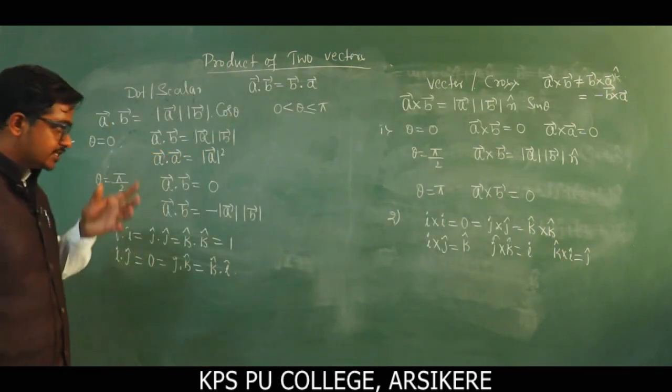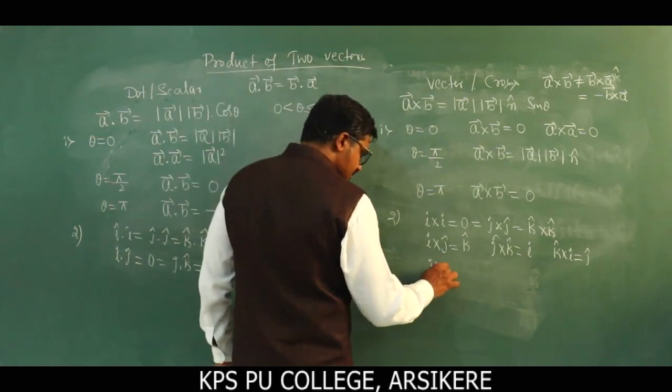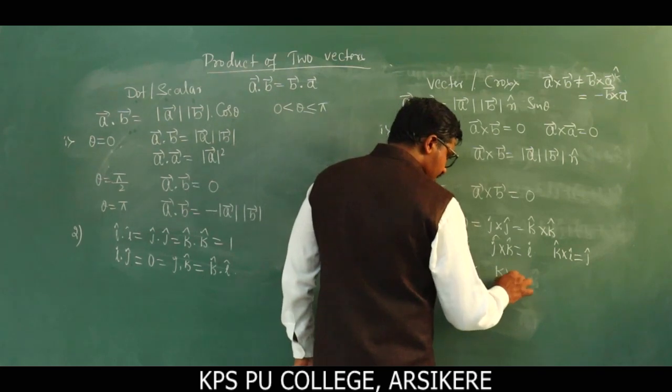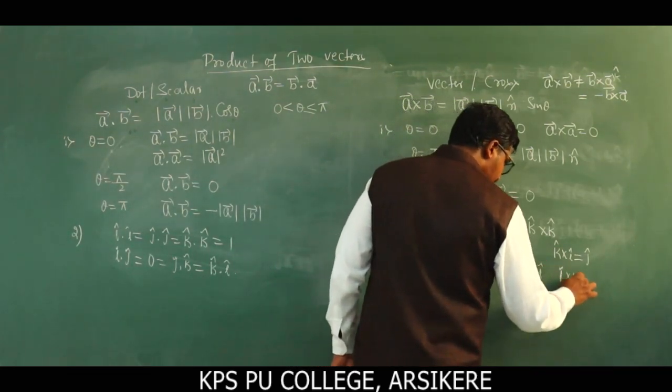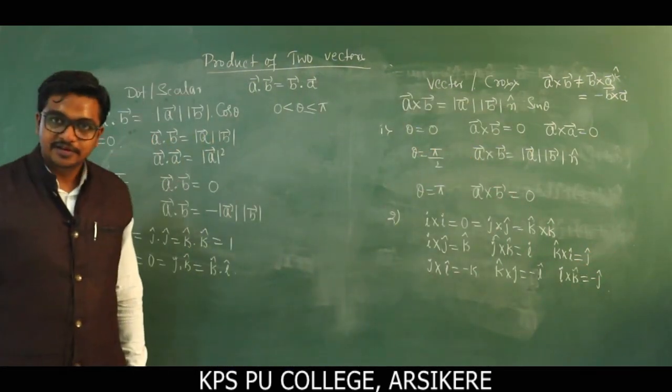If I reverse this, it is replaced by the opposite vector, the negative vector. So J cross I becomes minus K, K cross J becomes minus I, and I cross K becomes minus J. This is the concept.